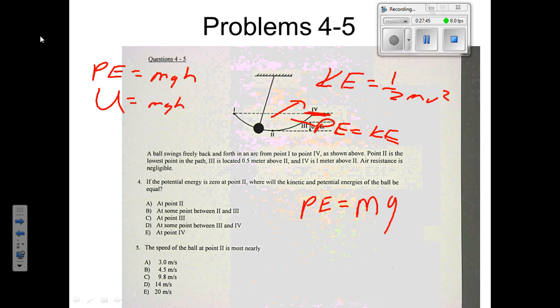What was the height? 1. That's the potential energy at point 4. At point 2, what's happened to all that potential? It's all become kinetic. So the potential at point 4 has to be equal to the kinetic at point 2.